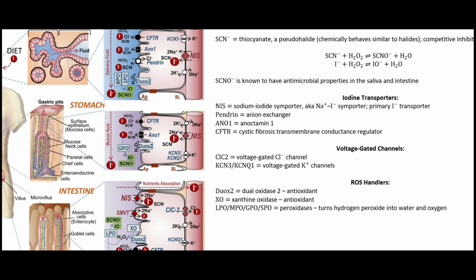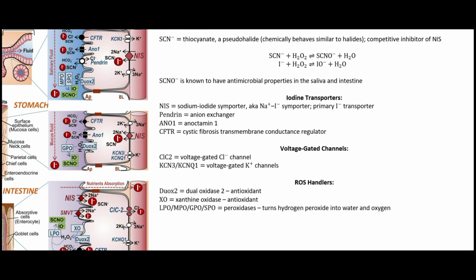We're going to be mostly interested here in the absorption of iodine. So here I just have a key for understanding this busy diagram. SCN is thiocyanate, which is a pseudohalide, so it behaves similarly to iodine in this case. It's a competitive inhibitor of NIS, one of the two transporters I'm going to be looking at in more detail here.